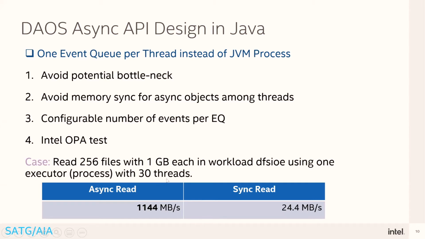There are 30 threads within one given process. For sync read, the performance is very poor. It could be a bug in Intel OPA, but for asynchronous read, we got more than 1 GB per second.